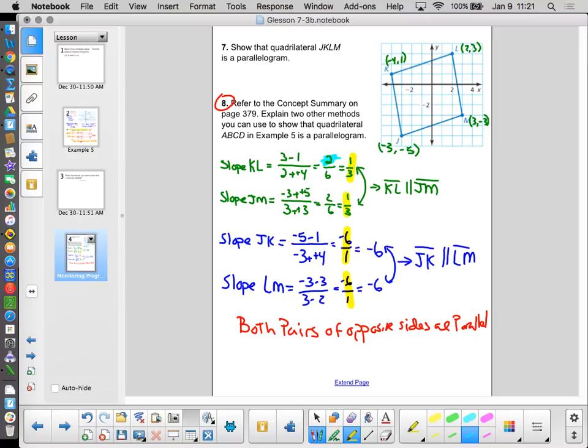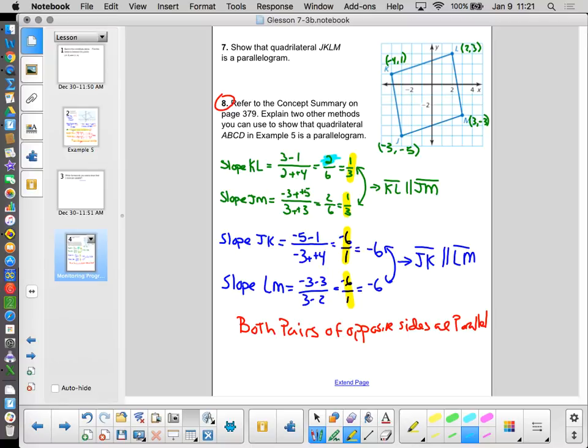That'd be maybe a half a point off type of situation because you showed me exactly what you're doing. So showing your work doesn't just help me read what you're doing, it helps you because if you make a tiny mistake, it doesn't cost you as much because I can tell you understand the main concept.